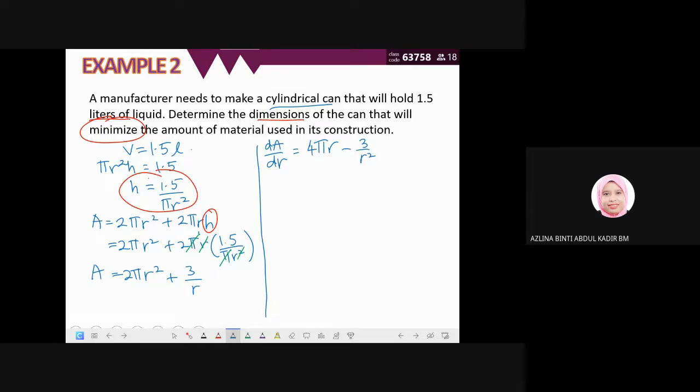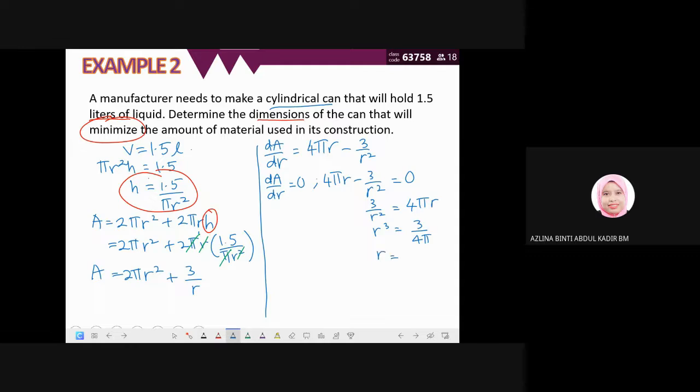Then you equate dA/dR to 0. So we get 4 pi R minus 3 over R squared is equal to 0, to find the value of R. So 3 over R squared is equal to 4 pi R, and then R cubed is equal to 3 over 4 pi.